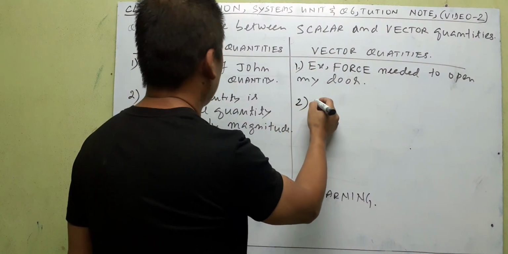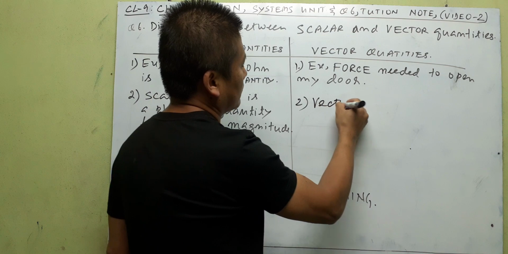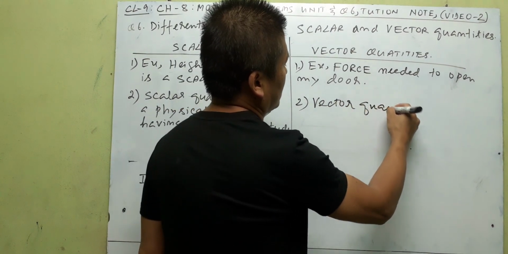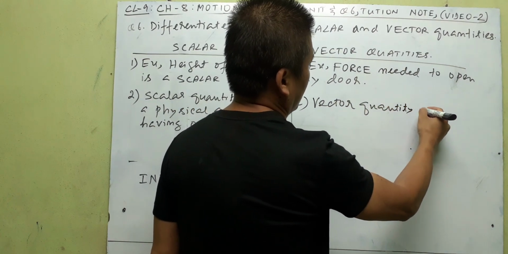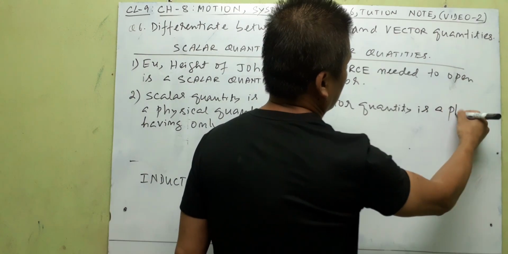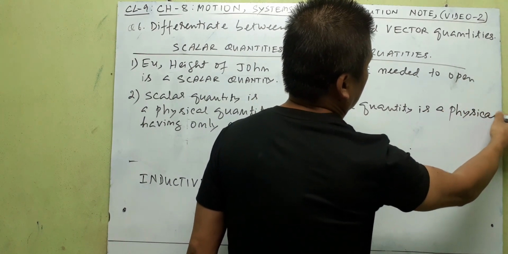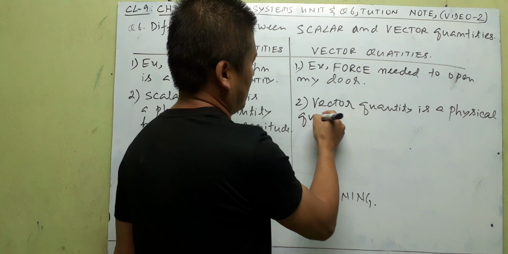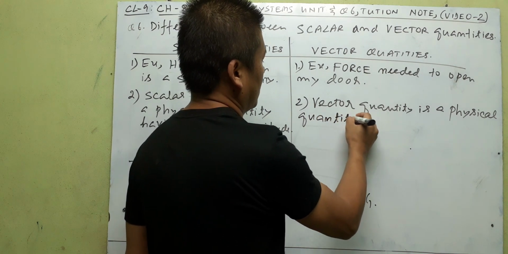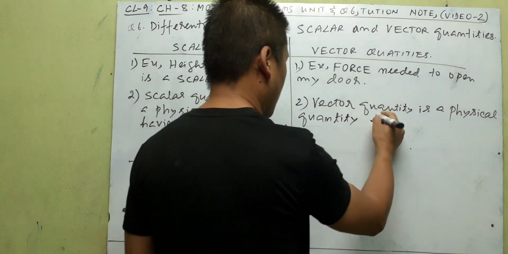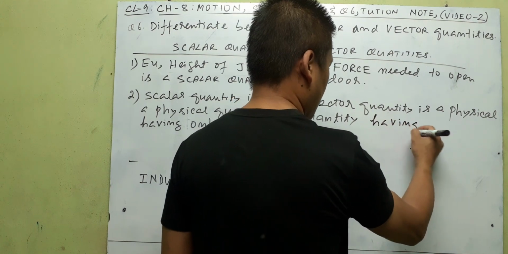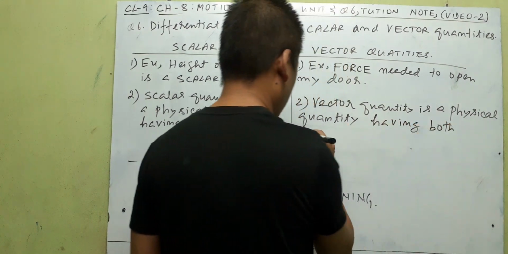2. Vector quantity is a physical quantity having both magnitude as well as direction.